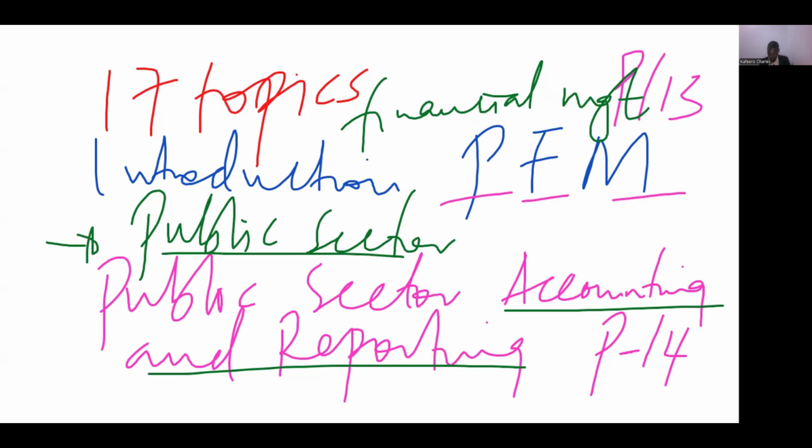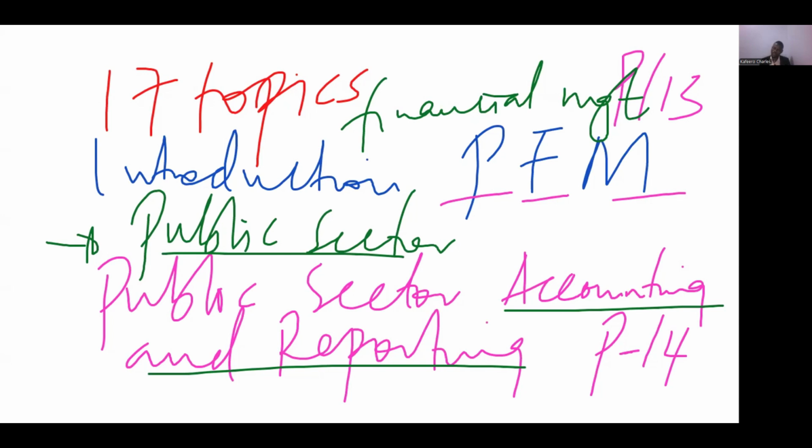So those are the three sectors that we have: the private sector, the public sector, and then the civil society sector, or the non-profit making organizations.